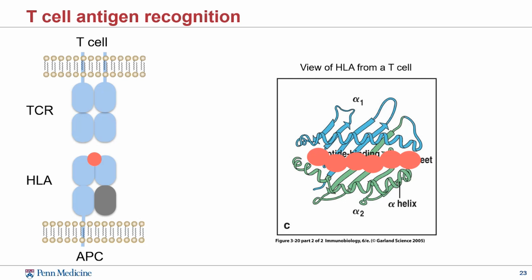And it's actually one of the reasons why we have so many different HLA genes, because if we have lots of variability in the types of peptides that can be presented, then at a population-wide level, there should be an HLA molecule that can present essentially any peptide under the sun.